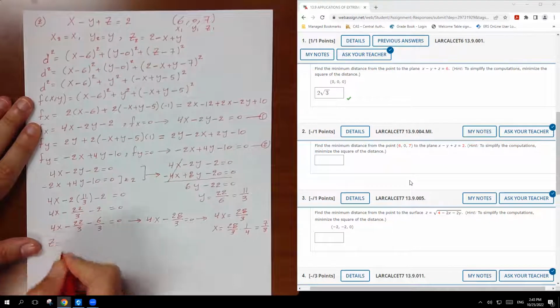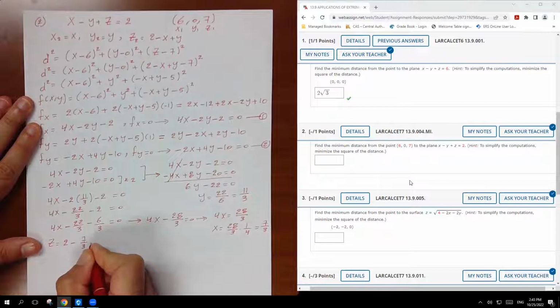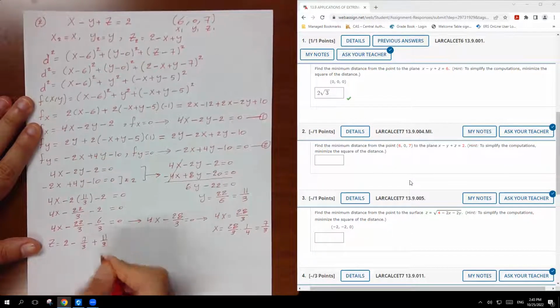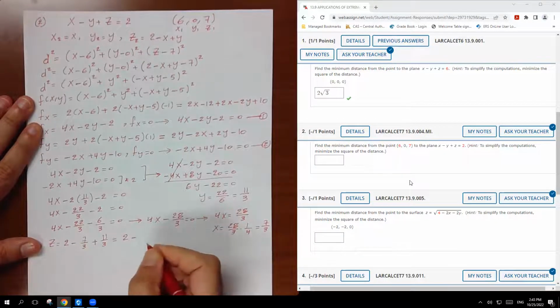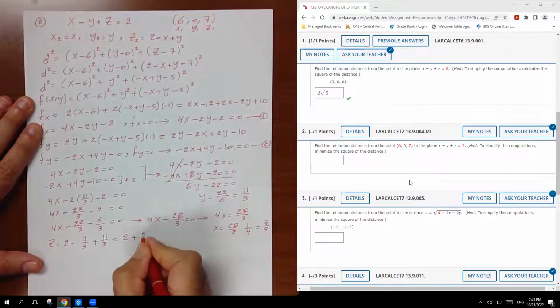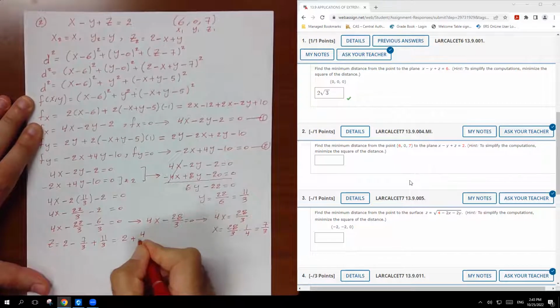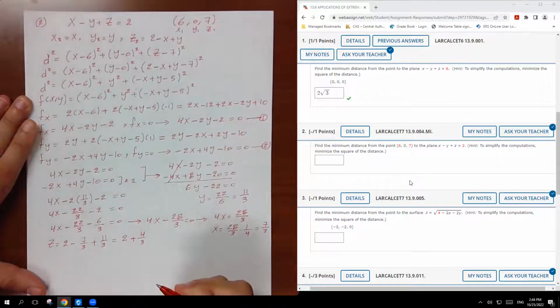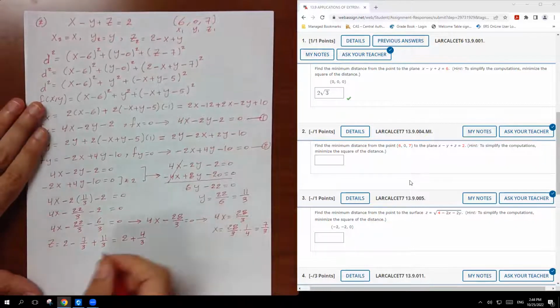Our z is going to be 2 minus x, which is 7 over 3, plus y, which is 11 over 3. Combine these together. So it's going to be 2 plus 4 over 3. Now let's combine these together.